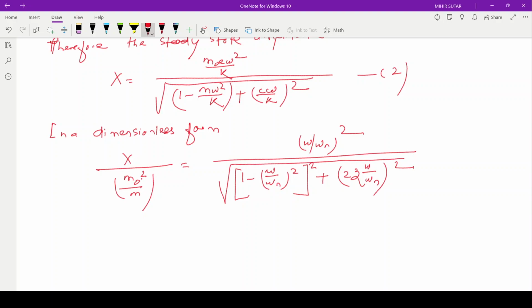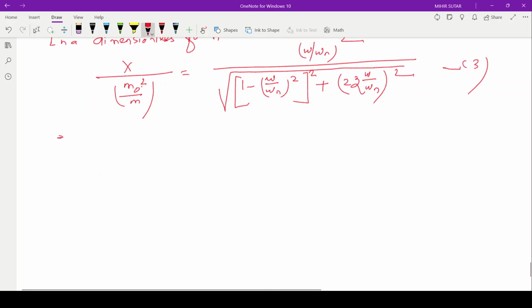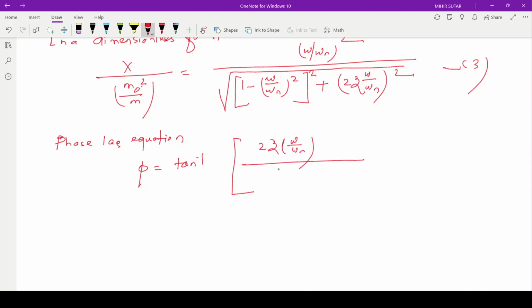So this is equation 3. And the phase lag equation will be tan inverse of 2 zeta omega by omega n divided by 1 minus (omega by omega n) square. This will be equation 4.